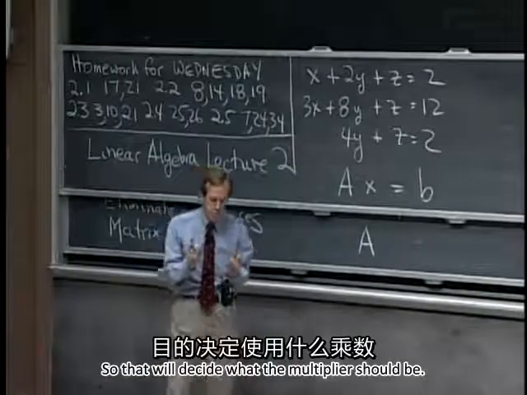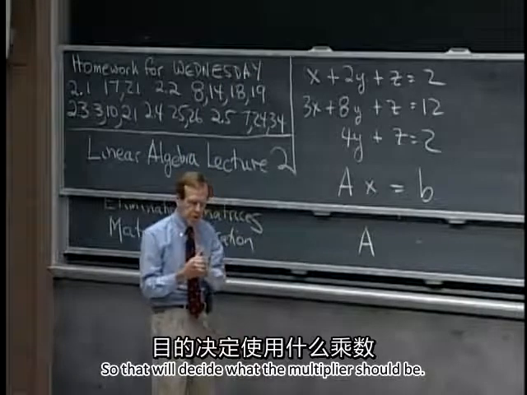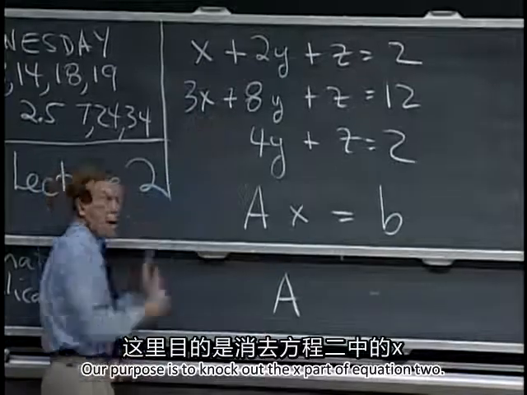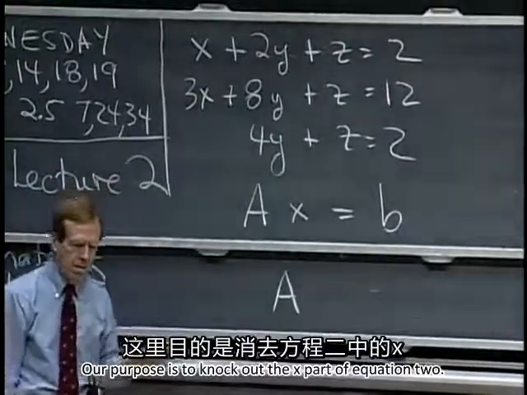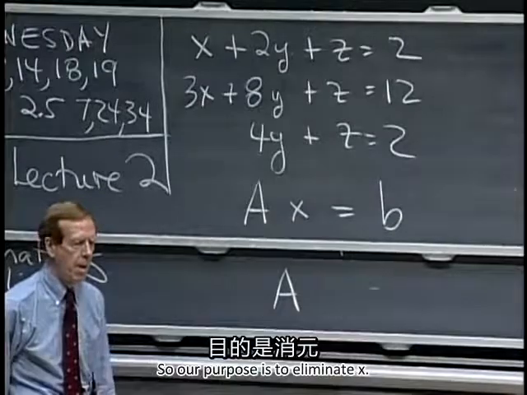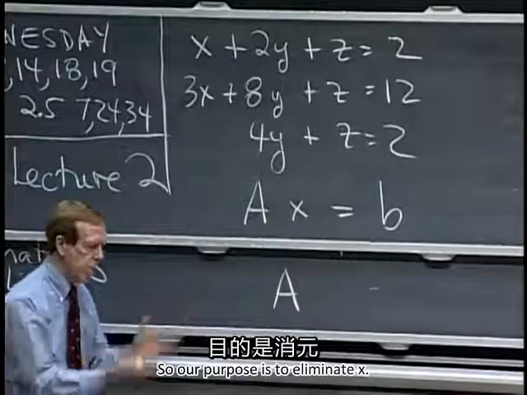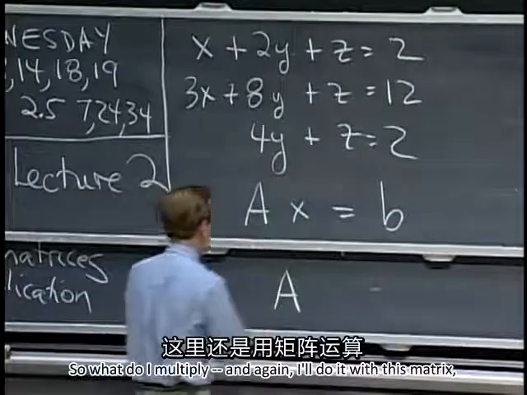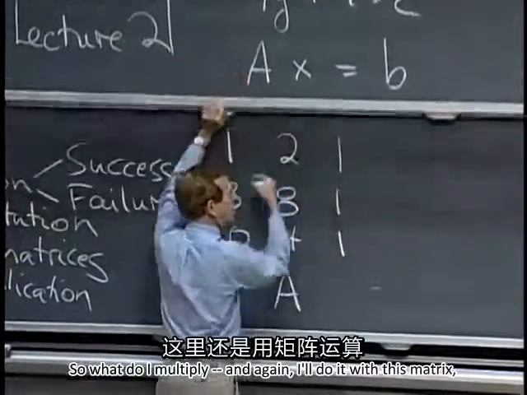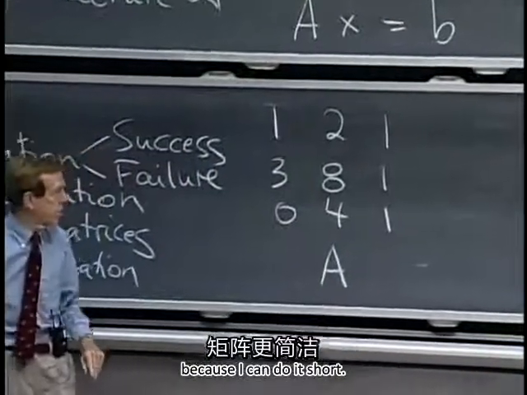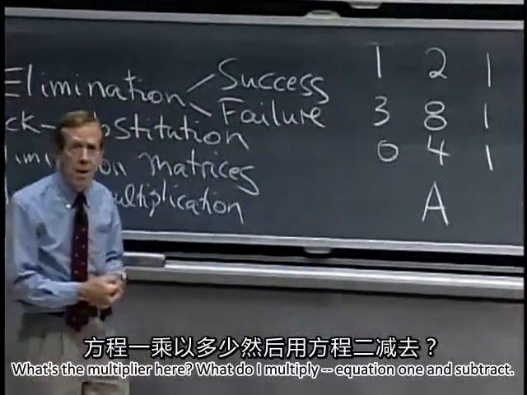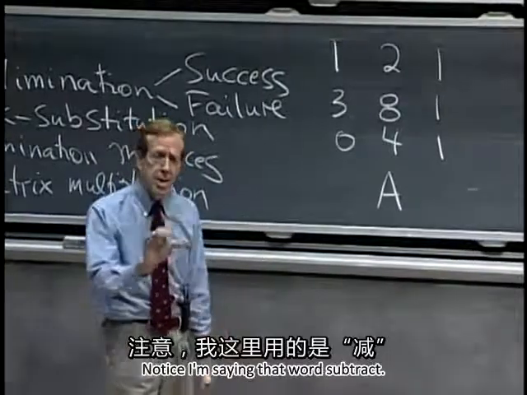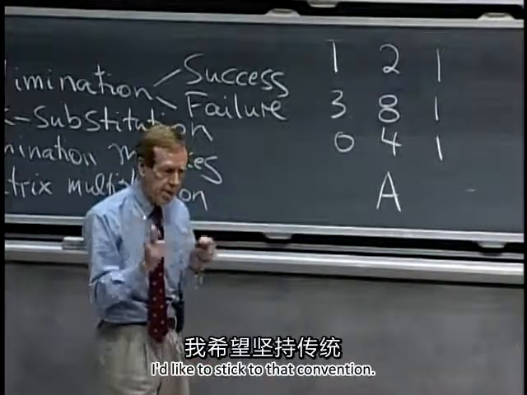Our purpose is to knock out the x part of equation 2, so our purpose is to eliminate x. So what do I multiply? And again, I'll do it with this matrix because I can do it short. What do I multiply equation 1 by and subtract? Notice I'm saying that word subtract. I'd like to stick to that convention.